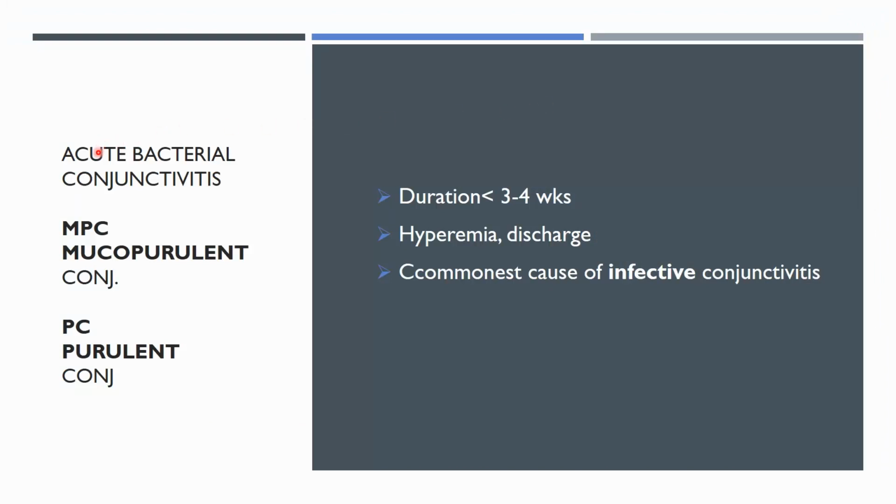Then we move to acute bacterial conjunctivitis, either MPC, mucopurulent conjunctivitis, or PC, purulent conjunctivitis. The duration is less than 3 to 4 weeks. There is hyperemia and discharge. The commonest cause for this type is infection.